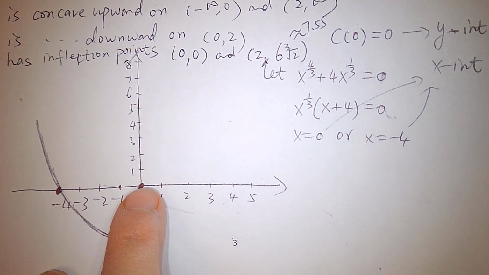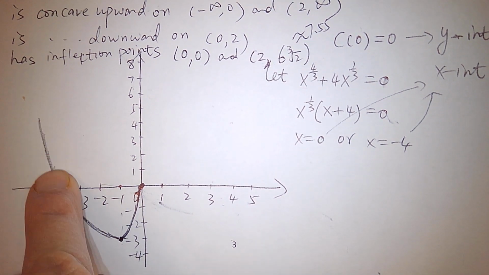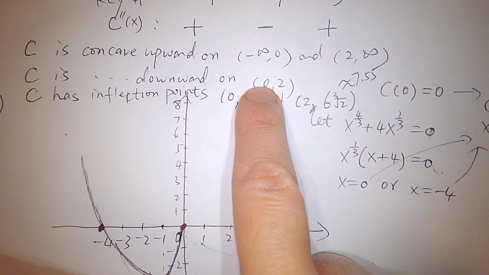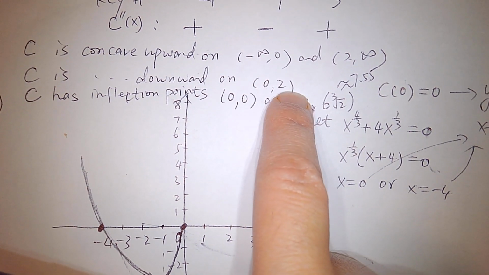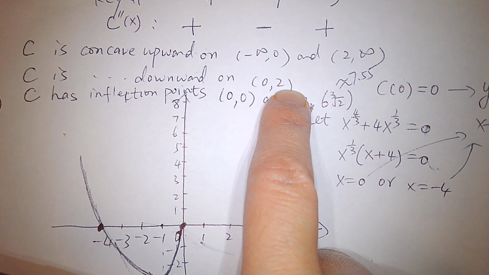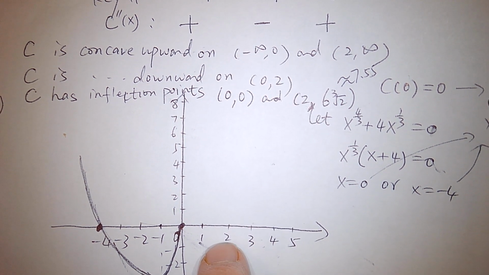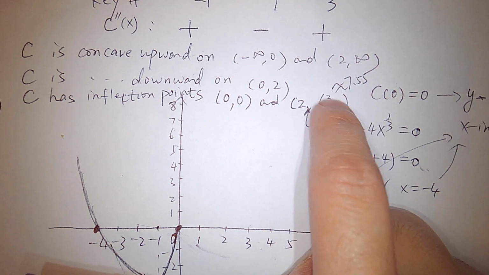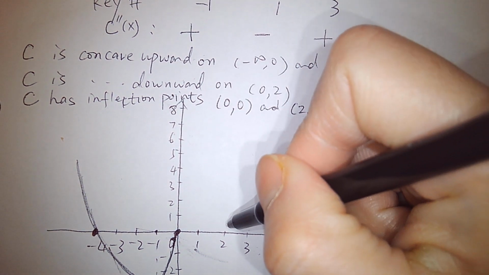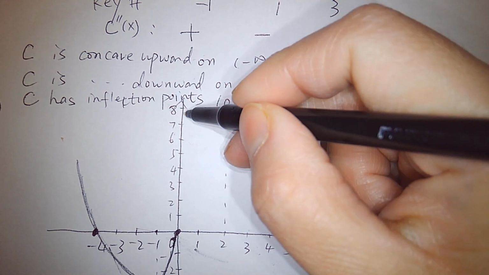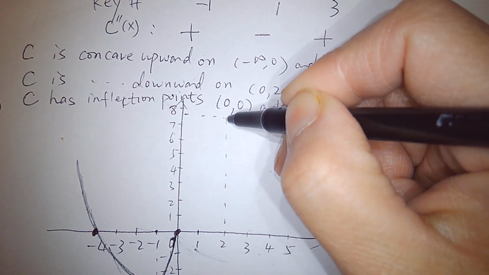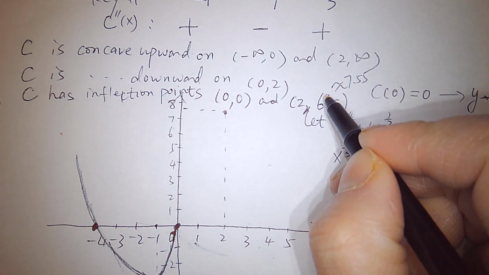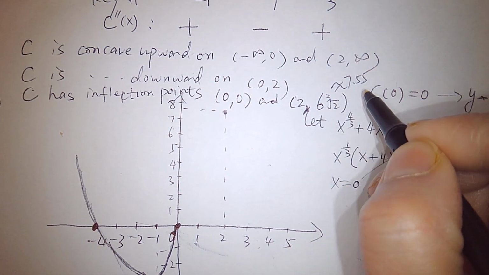So that means when x is less than 0, we have concave upward. Then on the interval 0 to 2, the graph will be concave downward. This is the key point (2, 6 times the cube root of 2), about 7.55, right?